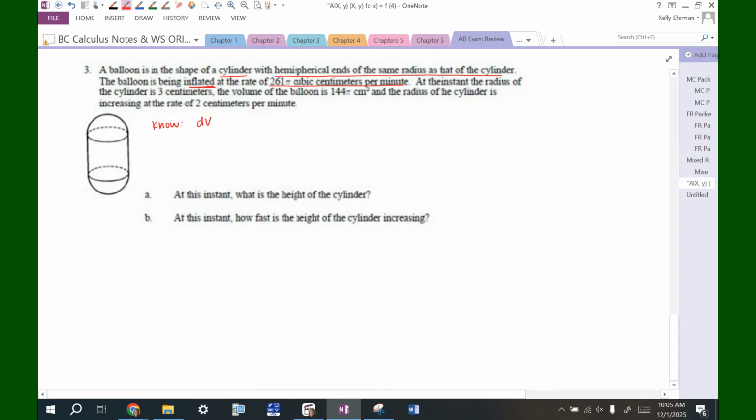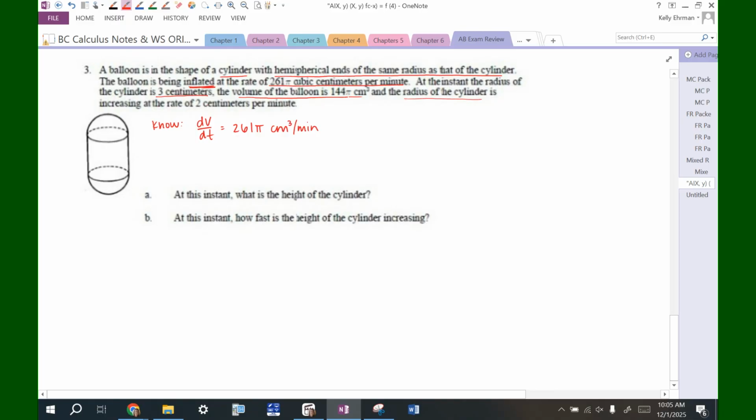That was a dV dt because it was cubic something per time. So dV dt is 261 pi, and I know that it's positive because we're inflating, cubic centimeters per minute. At the instant the radius of the cylinder is 3 centimeters, the volume is 144 pi cubic centimeters.